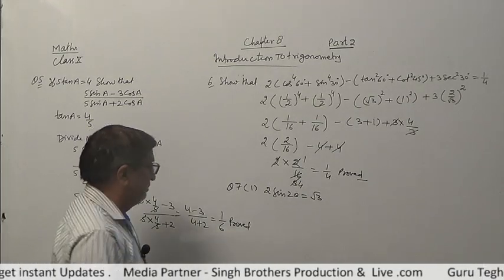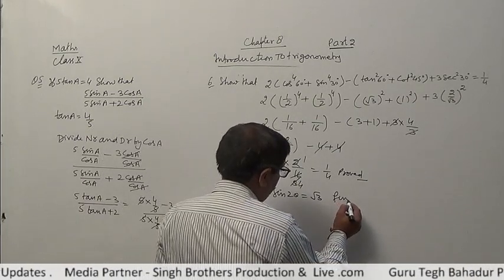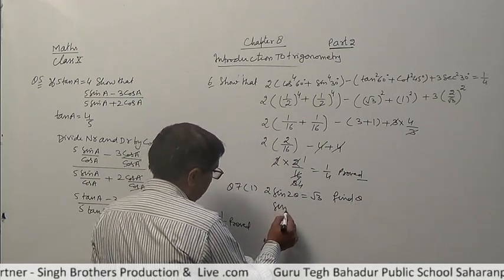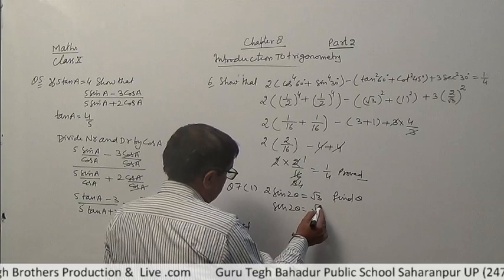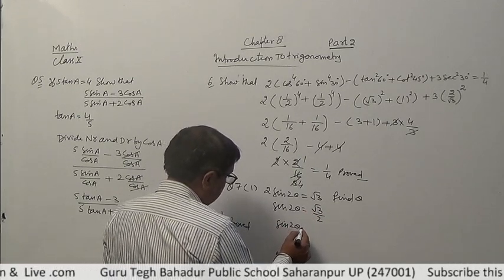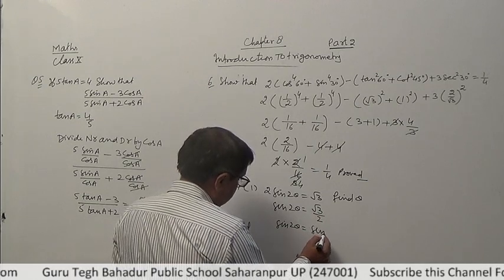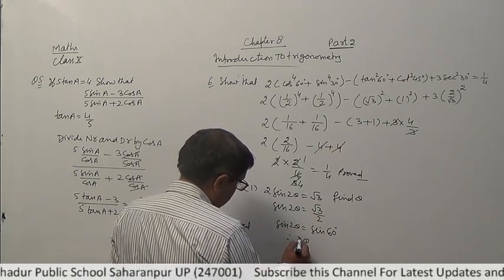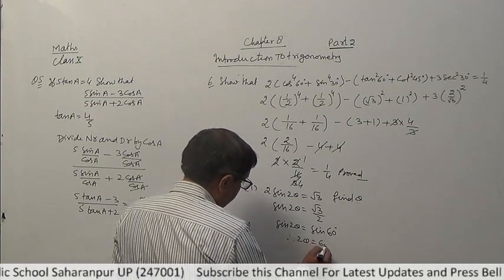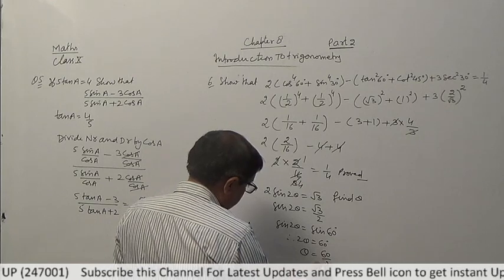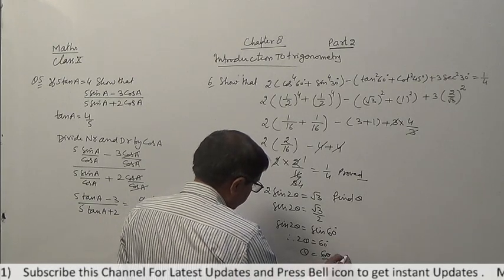Find theta. So sin 2 theta is root 3 upon 2, which is sin 60 degree. Therefore 2 theta is 60 degree and theta is 60 upon 2, that is 30 degree.